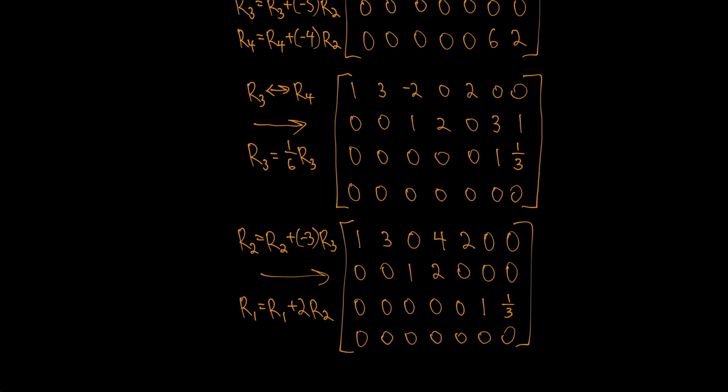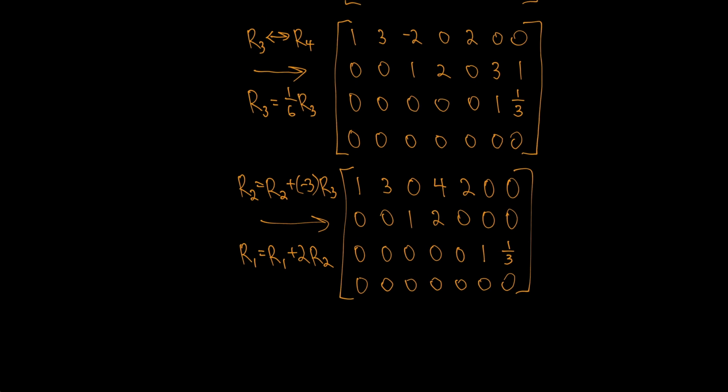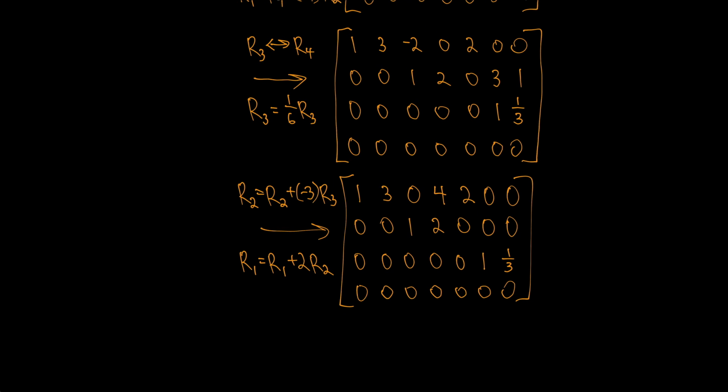Wonderful. So we can just read off our solution to this thing now. We have x1 plus 3x2 plus 4x4 plus 2x5 equals 0.